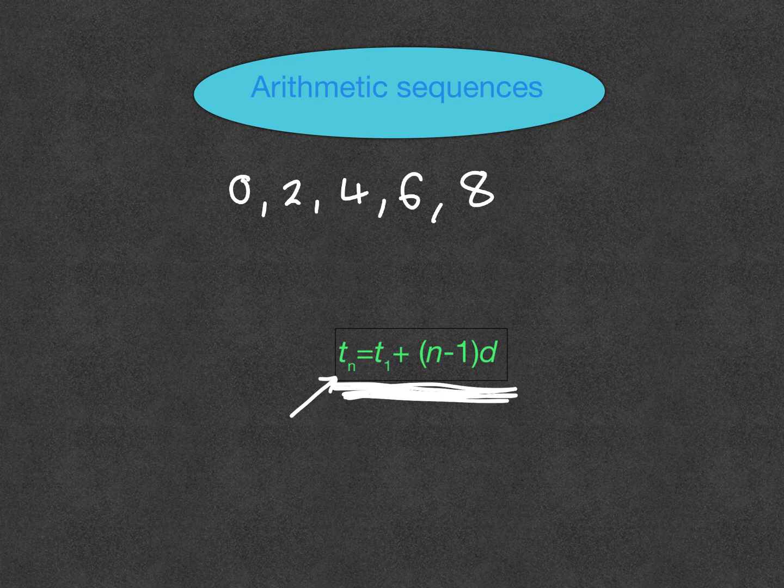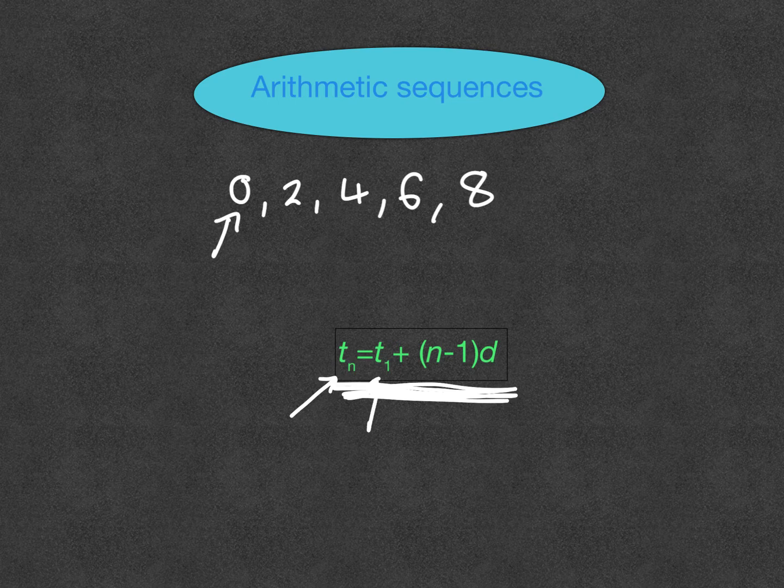In this case, we've got our starting number of 0, and we want to know the pattern between all of these numbers and an equation to describe the change between these numbers. So t_n is any term number within this sequence.